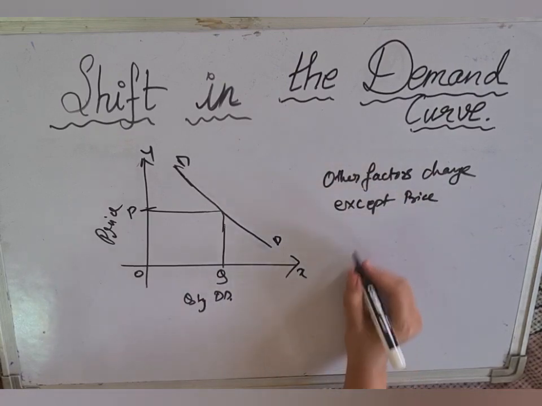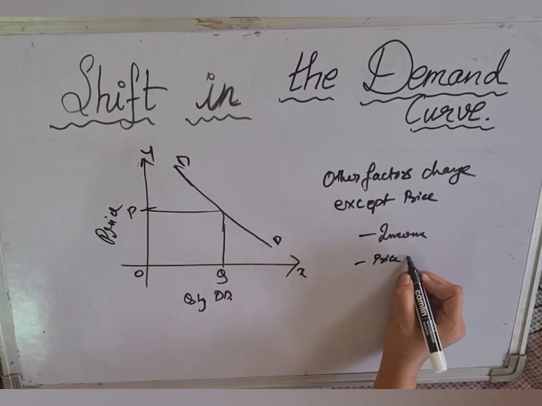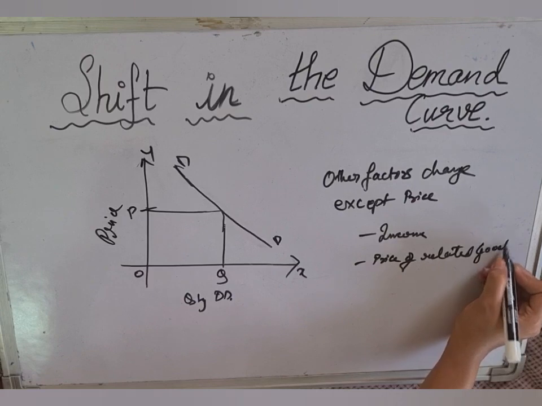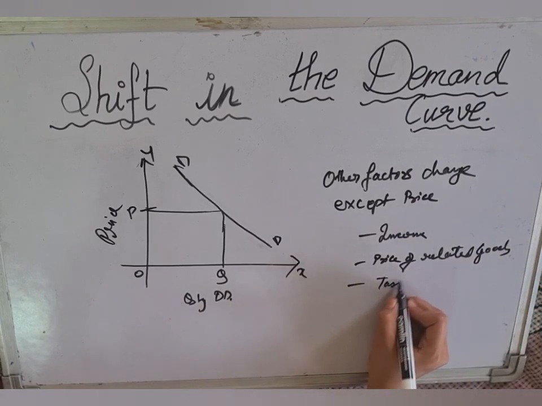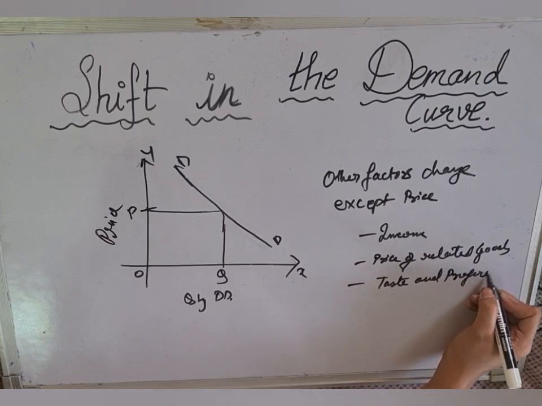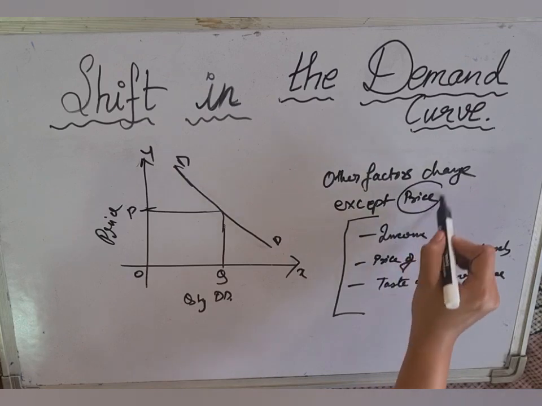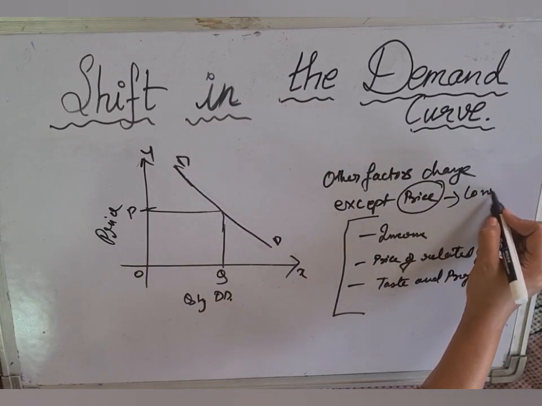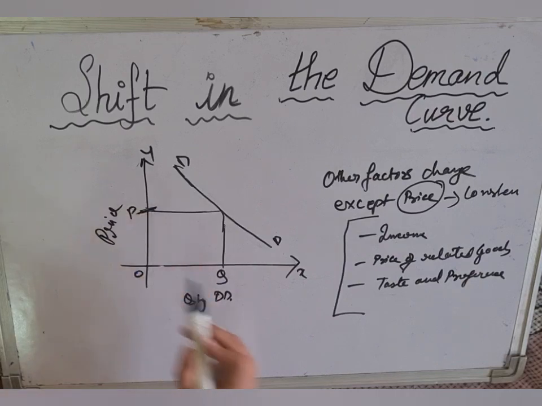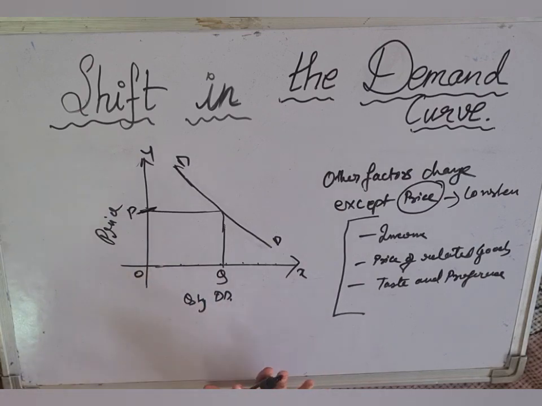There are so many factors like income of the consumer, price of related goods, change in taste and preference, and many more. When there is a change in all the other factors except price, price remains constant here. So at all the levels the price will remain the same, only the quantity will increase or decrease. So let us see how.